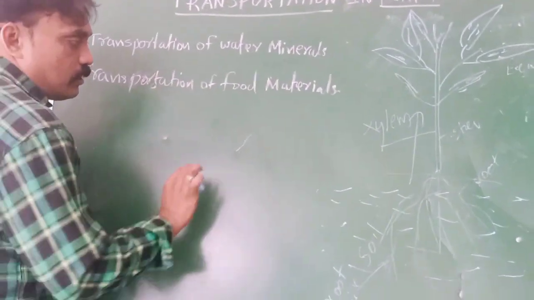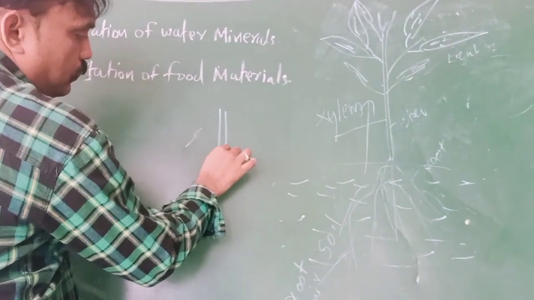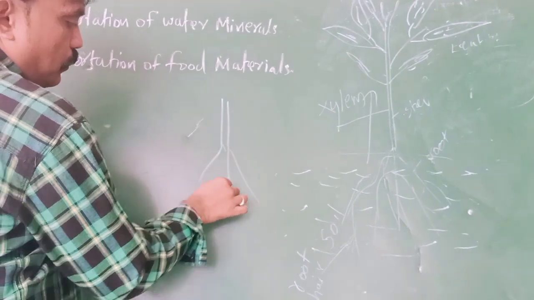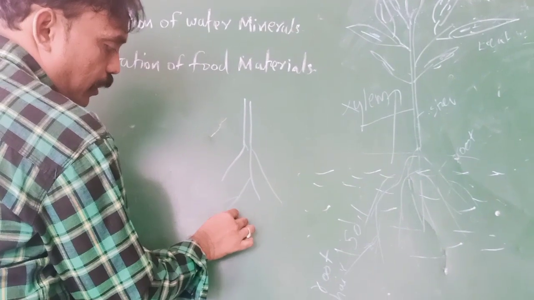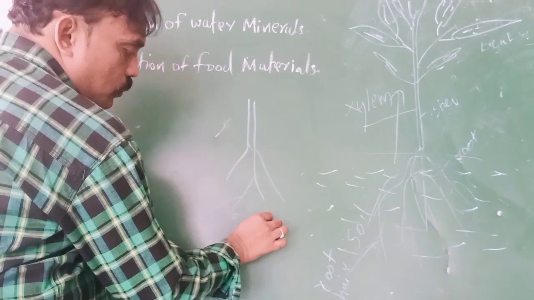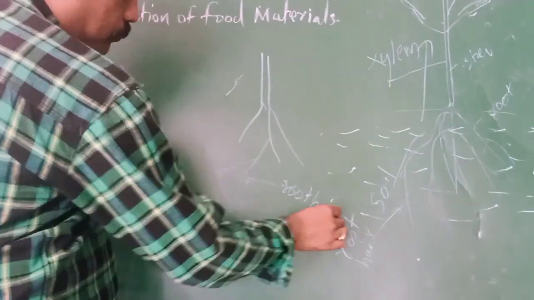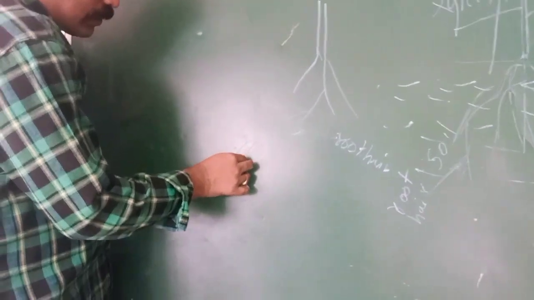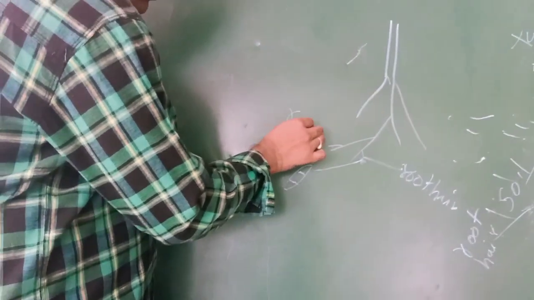What is osmosis? Listen, for example. If you take one root, the small part we call root hair. The root hair has cells, example only; these are the root hair cells.